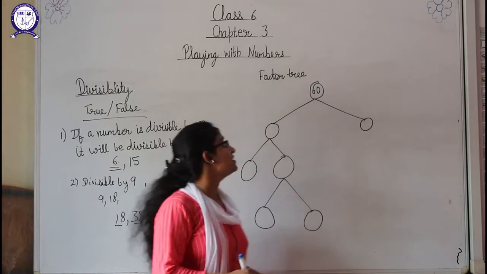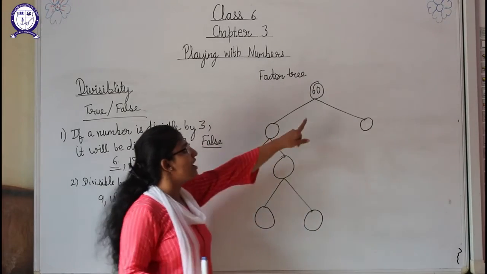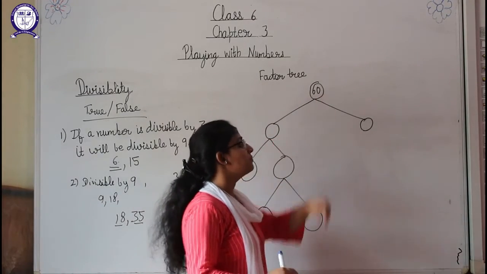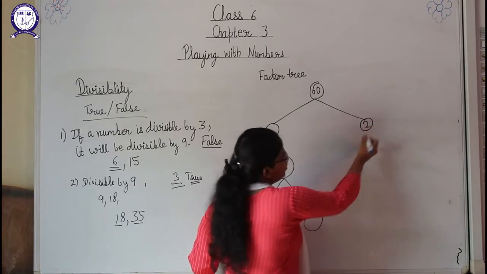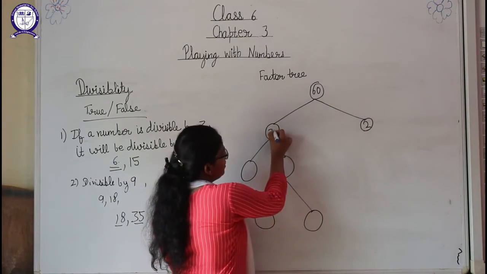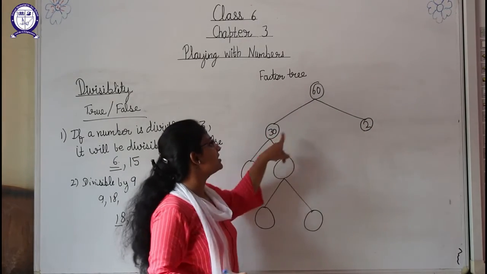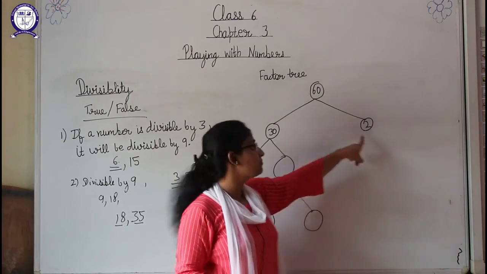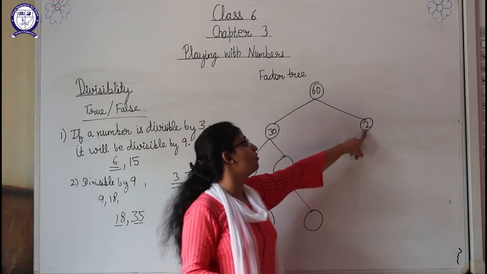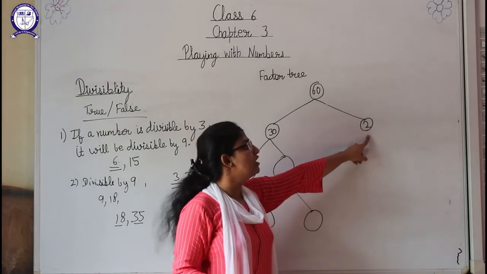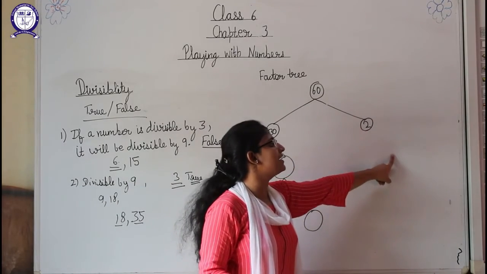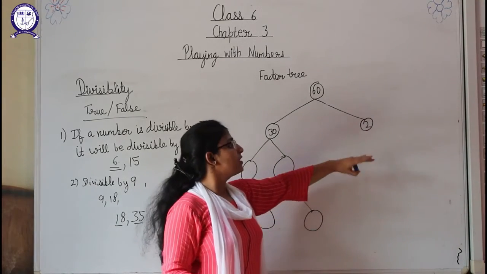Okay. Now there is a factor tree, students. You have to make the factor tree of 60. Factor tree means we will take 2 here and 30, means we can write 60 as 30 into 2. Here we get 2 as the prime factor, so we need not bifurcate it.